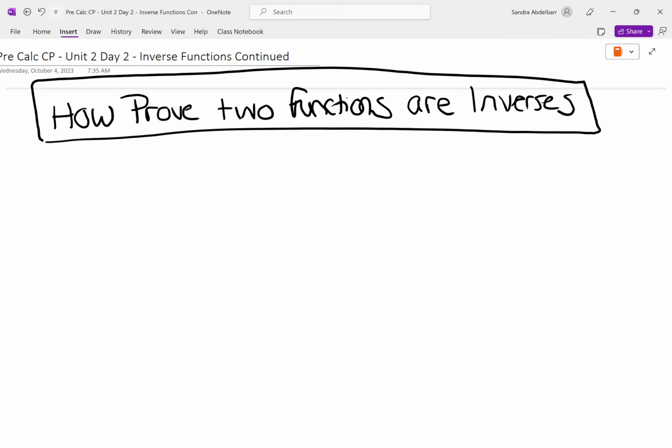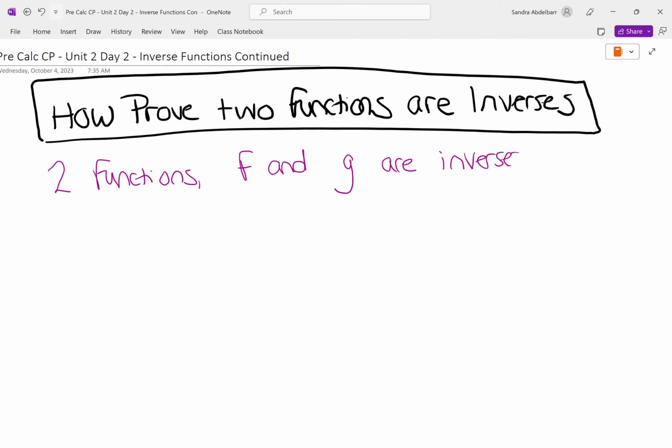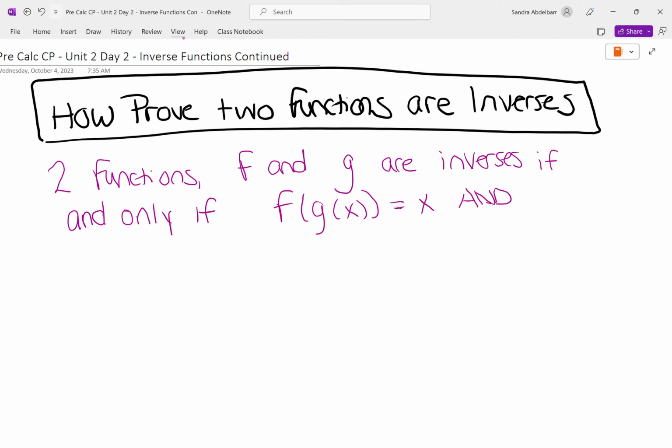Two functions f and g are inverses if and only if f of g of x equals x and g of f of x equals x.